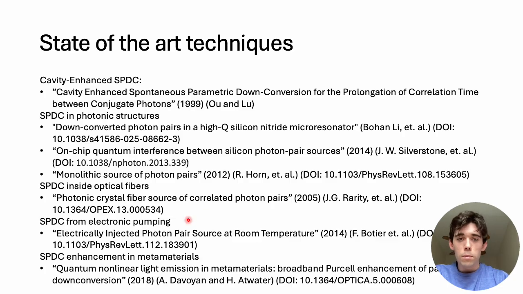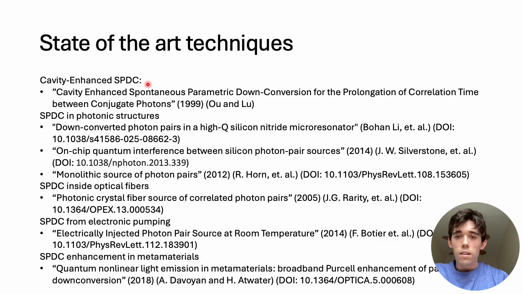So, for example, we might want to electronically pump the system as opposed to optically pump the system. So that's something that people have been able to achieve. And then also people have played with metamaterials in order to enhance the strength of the effect, and also place the material inside cavities to enhance the strength of the effect.